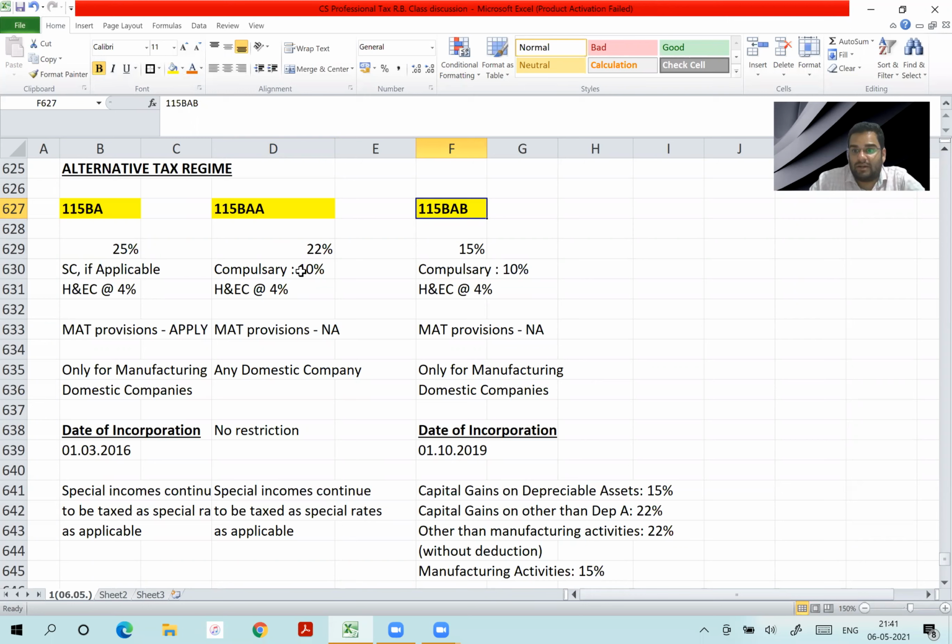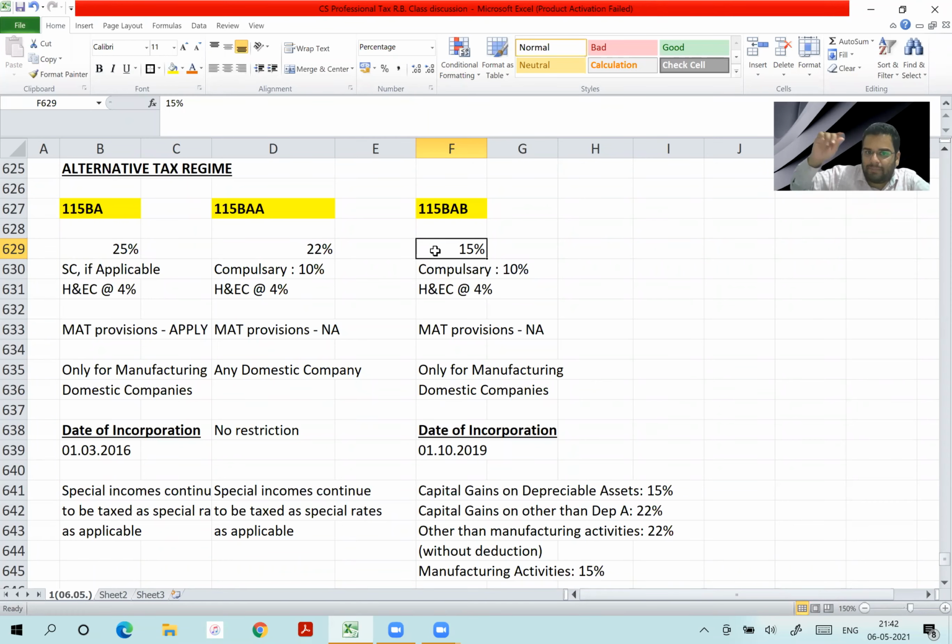Mainly I have defined and bifurcated them with respect to rate of tax. BA is 25%, BAA is 22%, BAB is 15%. How will you keep that in mind? Rate of tax keeps on decreasing.